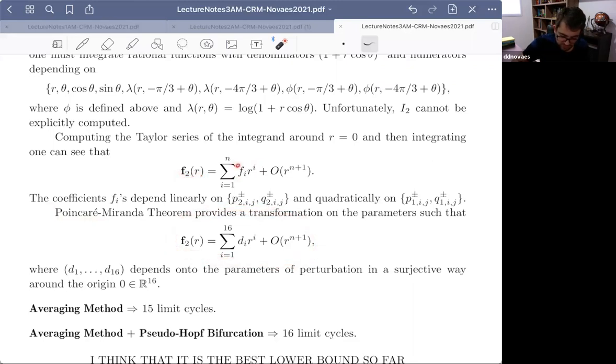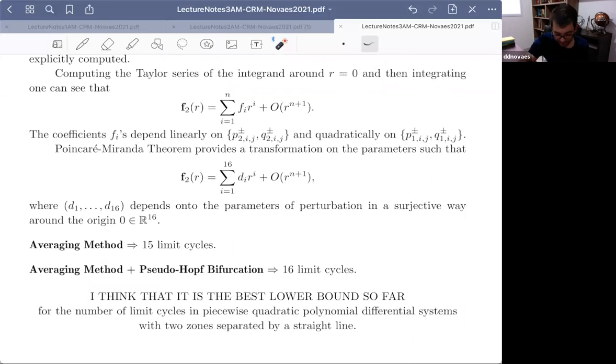Okay, so we transform the parameters Fi into parameters Gi, and we see that these parameters Gi depend on the initial parameters of the perturbation in a surjective way. That means that if I change the original parameters, then these new parameters change surjectively in a neighborhood of the origin of R60.